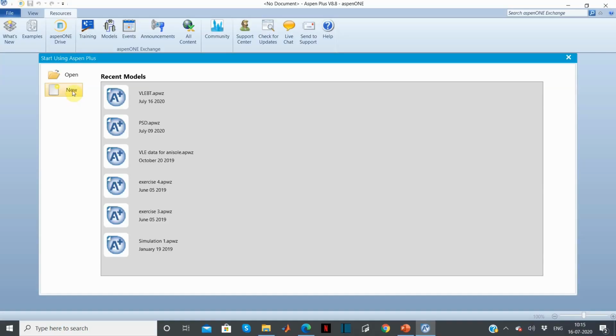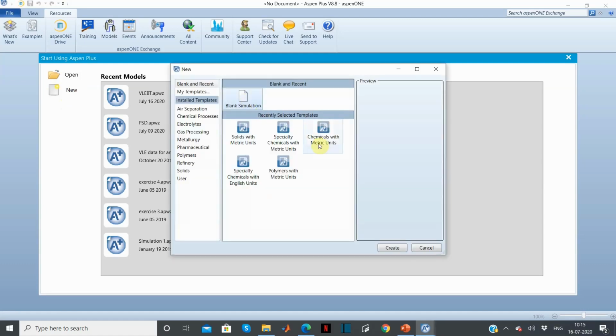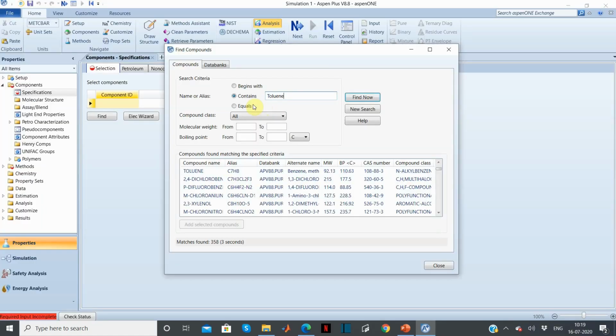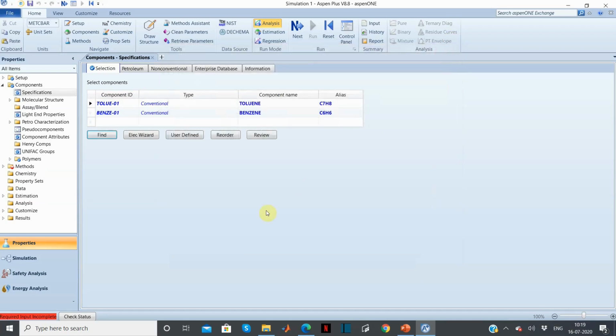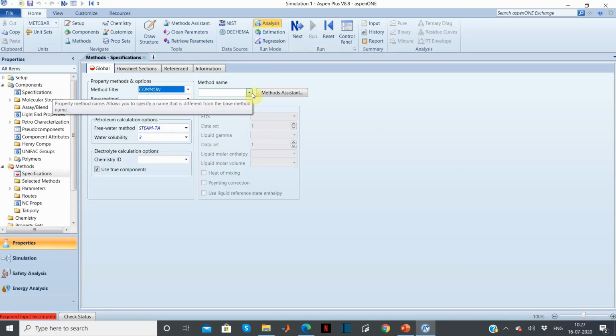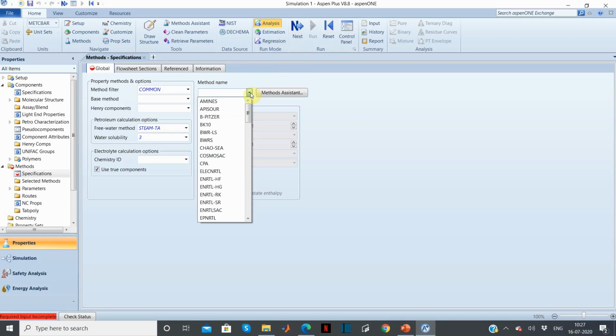Open Aspen Plus and select New. Select a blank simulation. Now select components, toluene, add selected compound, then benzene, add selected compound. Now close this. Click on next. Now the property method which we will be using is Peng-Robinson.